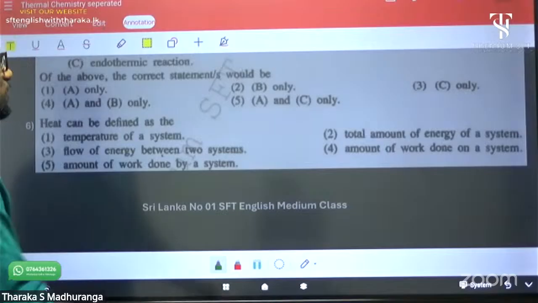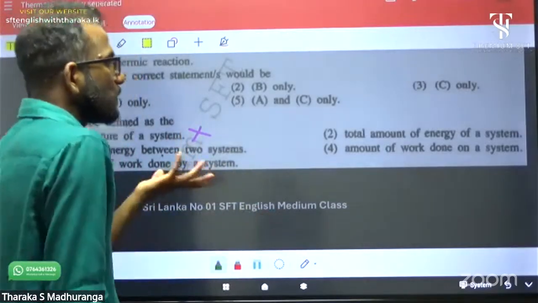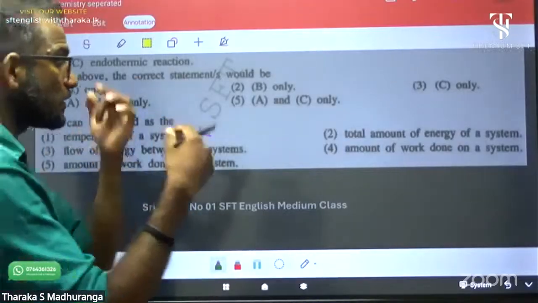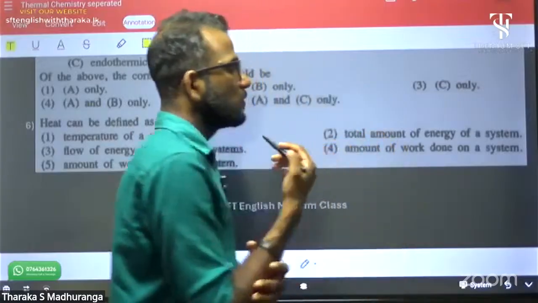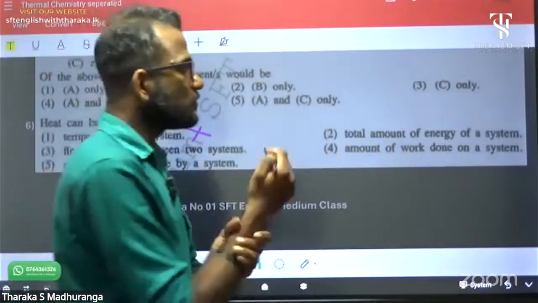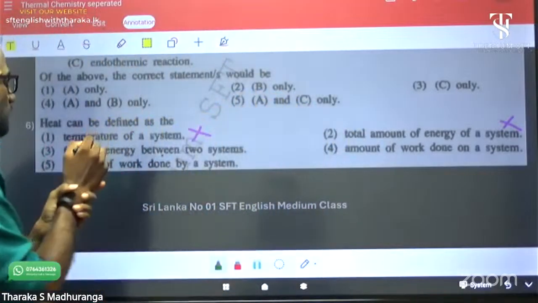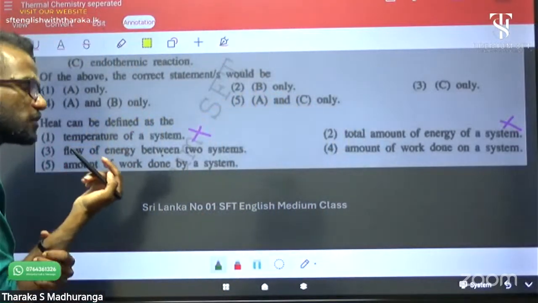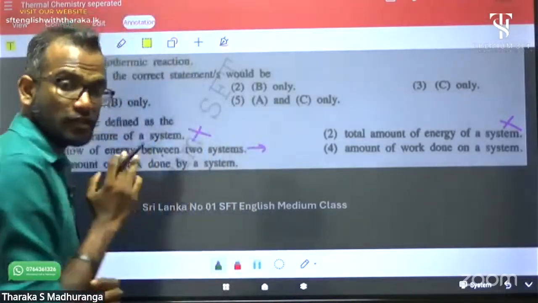Heat is the temperature of system. Completely wrong. Temperature is a different thing. Temperature is molecule average kinetic energy. Total amount of energy of system. No, total energy is not the heat. Flow of energy between two systems, that's okay, but we have to check other answers as well.